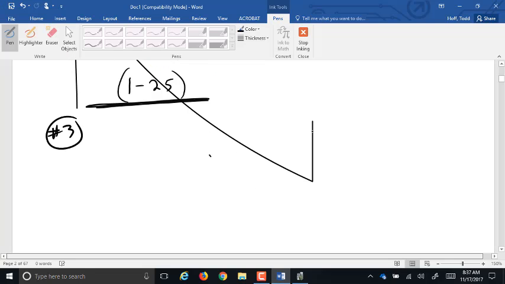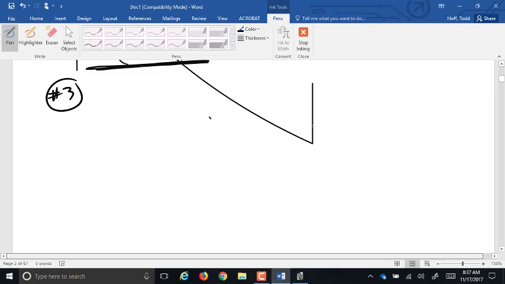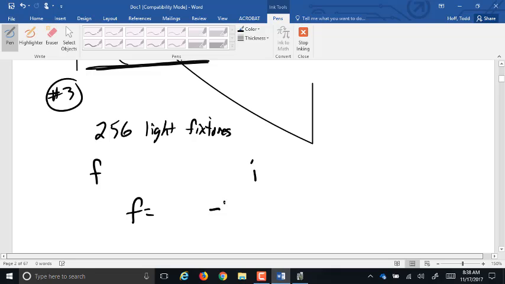There we go. Number 3, it says separate 256 light fixtures so that the number of fluorescents will be 20 fewer than twice the number of incandescents. Fluorescents equals 20 fewer, so we're subtracting 20 from something, then twice the number of incandescents.